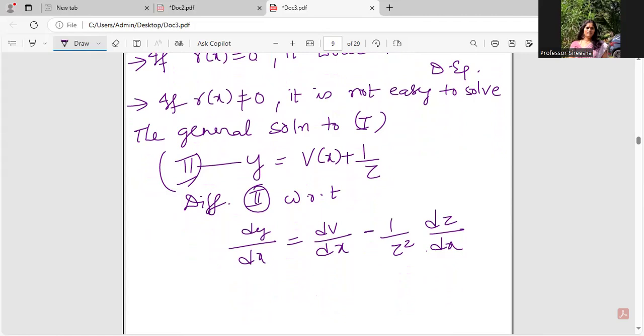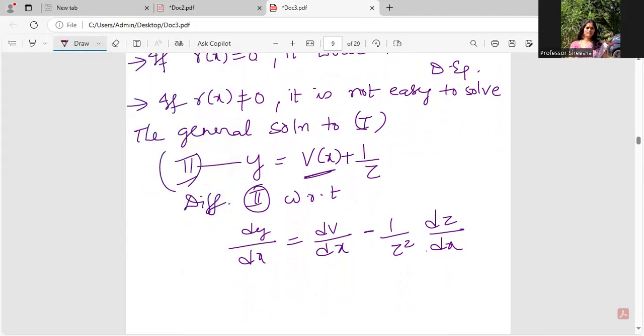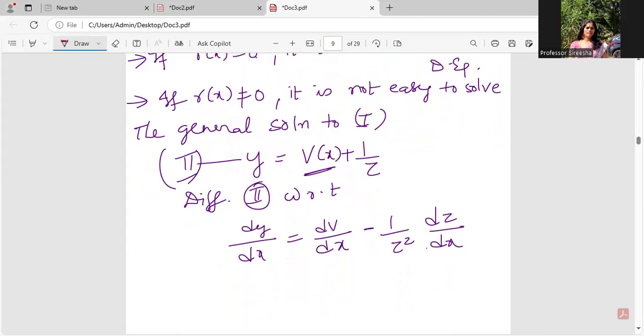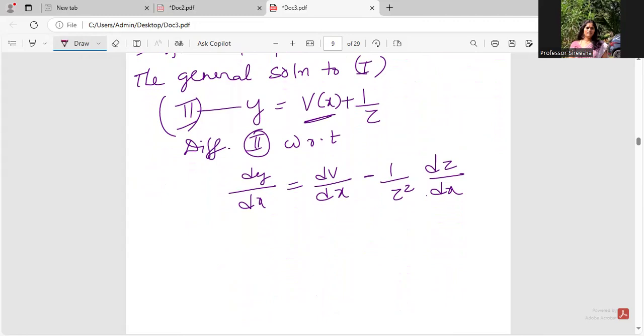Now here, we'll assume that one solution is known to us. That means this v of x is known to us. Usually it will be given in the problem for undergraduate students. Otherwise, it is for us to find v of x and then proceed with the solution to Riccati's. So let me solve one problem on Riccati's so that you understand what exactly I'm talking about.